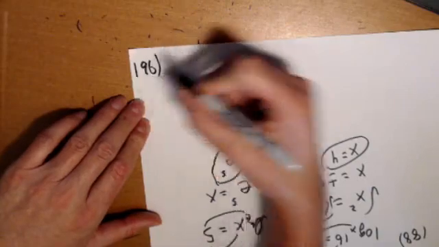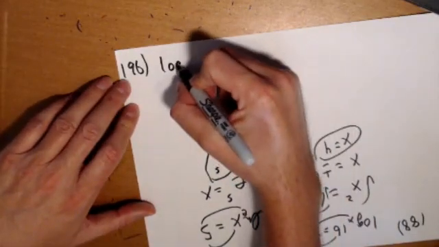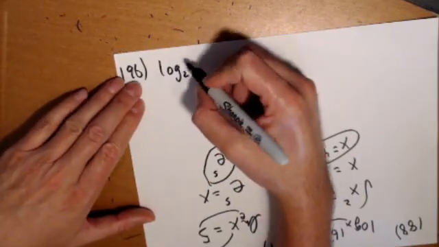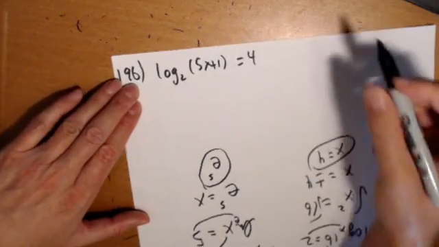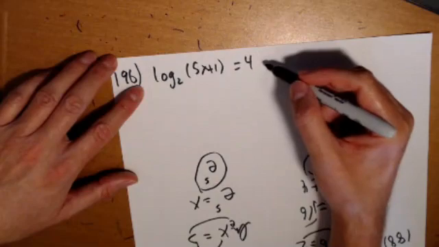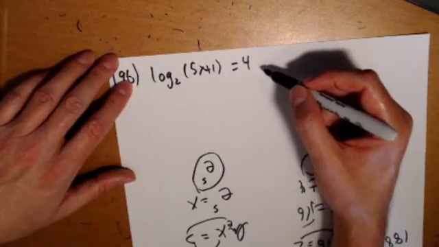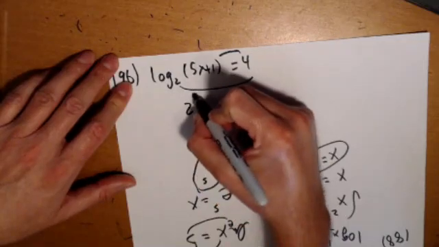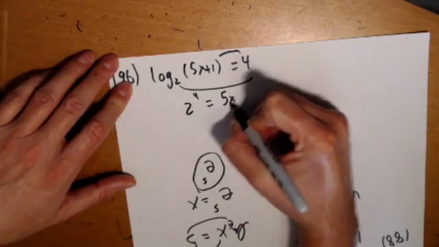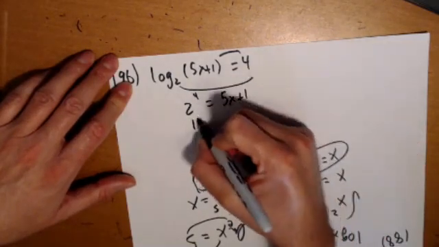Okay, 196. Log base 2 of 5x plus 1 equals 4. It's in logarithmic notation, let's just convert it to exponential. 2 to the 4th is that mess. 2 to the 4th is 16.